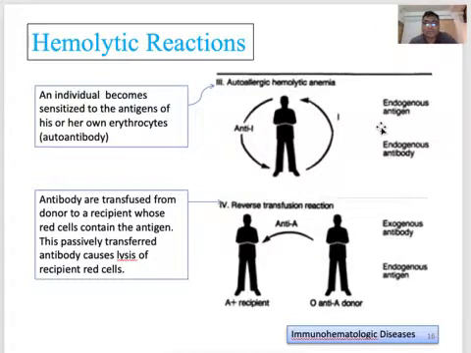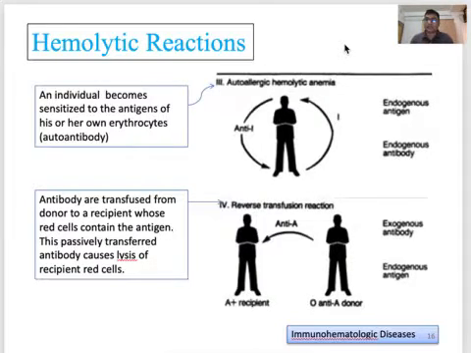So the next slide shows another two different scenarios where hemolytic reactions occur. One is autoallergic hemolytic anemia. What happens in this case? Suppose I produce antibody against my own blood cells. In that case, the antibody will react with my own blood cells and cause lysis of my own blood cells.